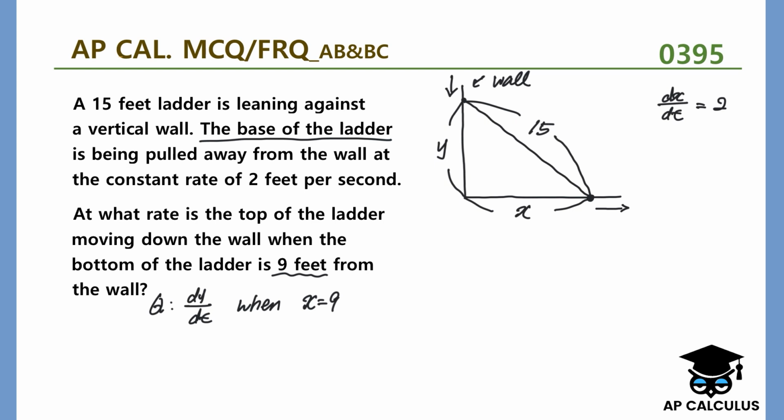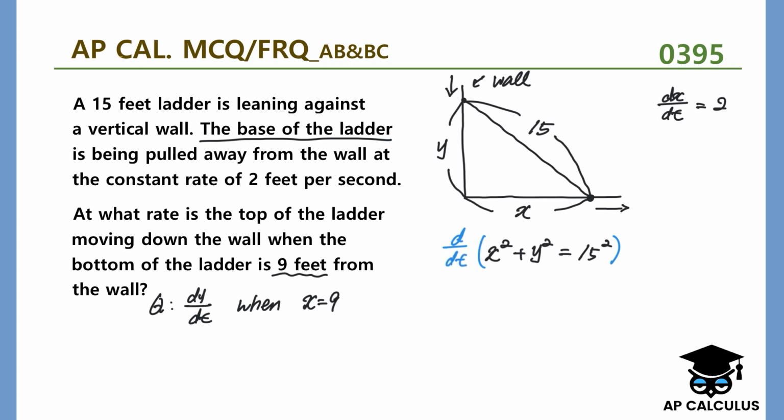So let's write the equation now. Using the Pythagorean theorem, we're going to write x squared plus y squared is equal to 15 squared. Okay? Now let's differentiate this equation with respect to time t.